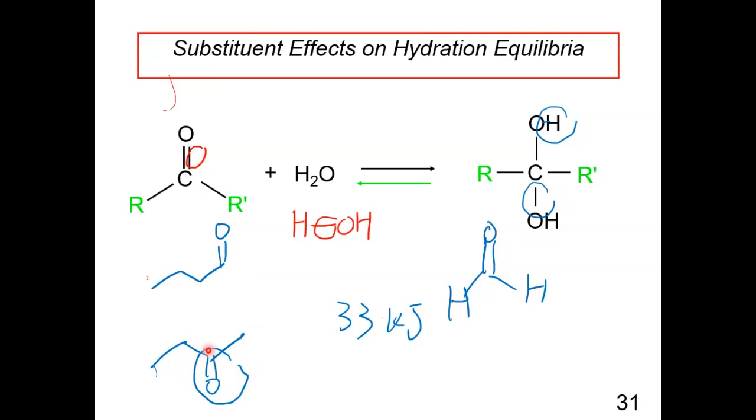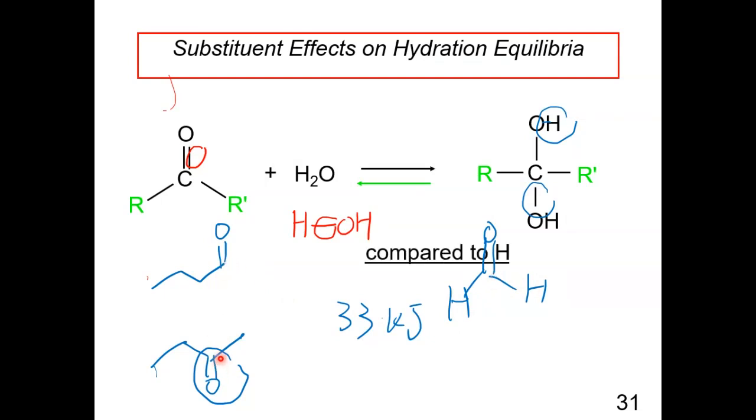Less stability means they're going to be more reactive, with a greater tendency to react. So what kind of reaction is typical for carbonyl groups? The carbonyl group is highly electrophilic. A typical reaction is a nucleophile attacking the carbonyl carbon. Out of all those carbonyls, this one is most electrophilic, this one is second, this one is third.